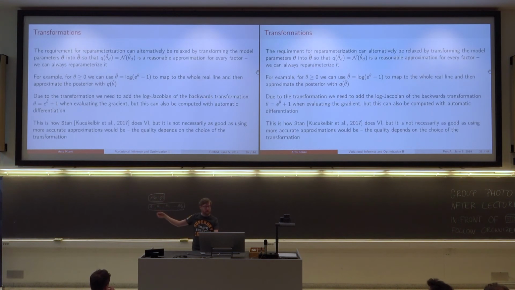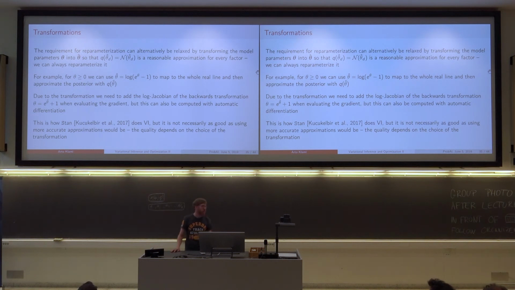Another alternative is to take your original model parameter, let's say something that is between 0 and 1, which would require something like a beta distribution as an approximation. You can instead first transform the model parameter to the whole real line with some transformation, and then you simply use a normal approximation of the transformed version of your model parameter.